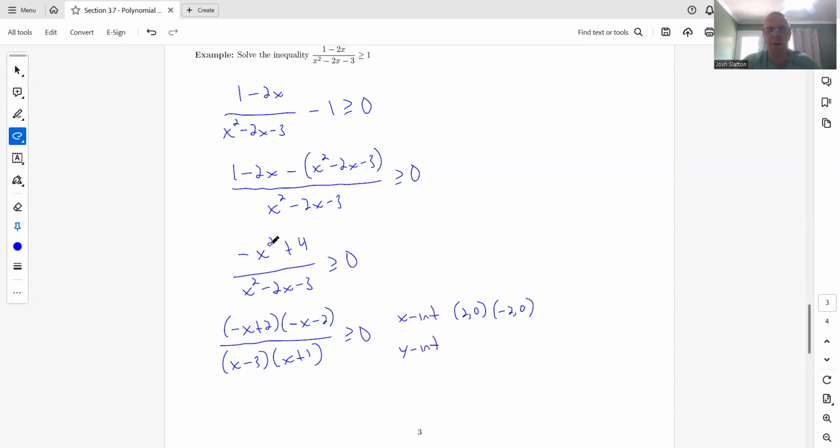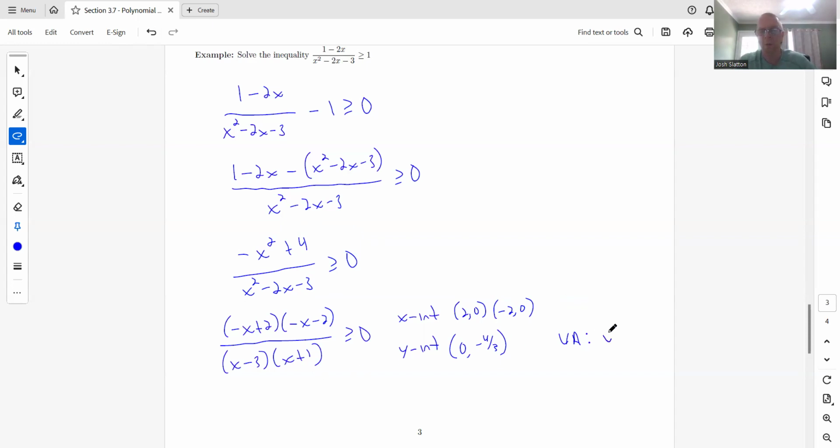Now we're treating this as our original function. This is the function we're graphing, which is the same as this, just moved over to one side. So when we plug in 0 for the x's, we get 4 over negative 3. So 0, negative 4/3 is our y-intercept. The vertical asymptote comes from setting the denominator equal to 0.